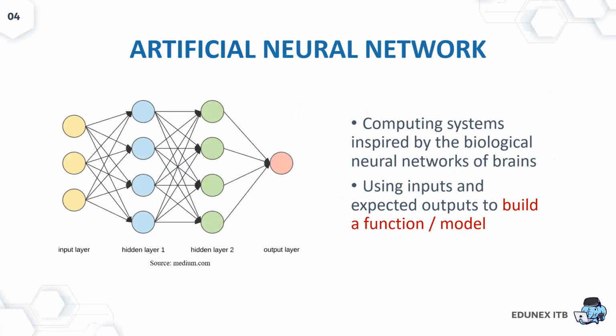For the artificial neural network, in the picture on the left we have an input layer with 3 inputs, weighted connectors, and 2 hidden layers. Each of the inputs affects the 2 hidden layers, and we get 1 output.